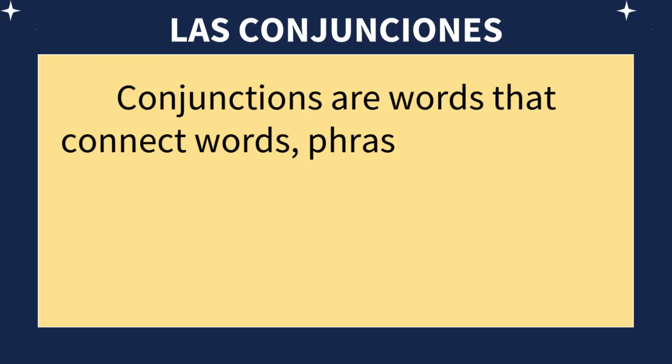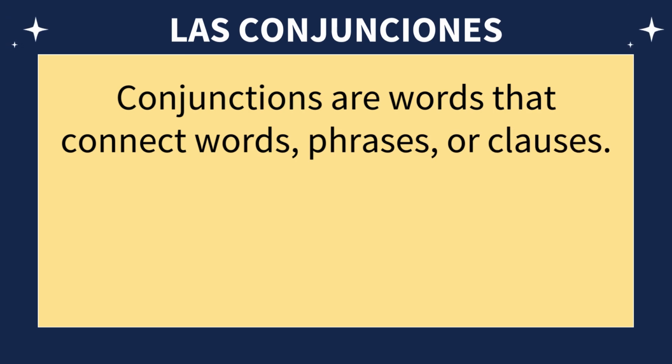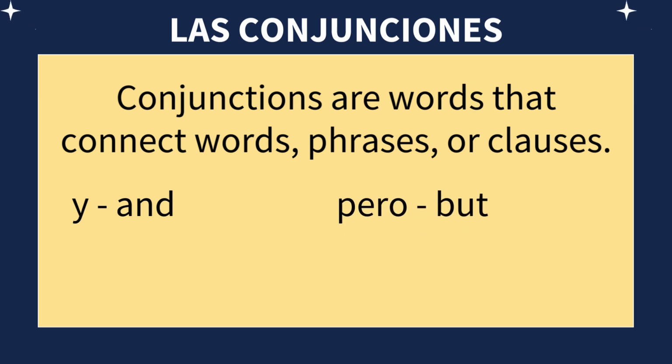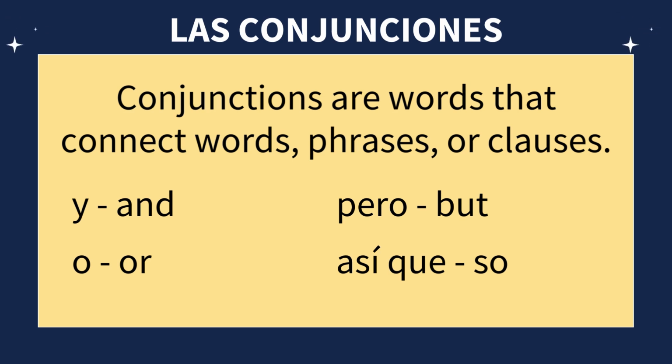These are words that connect words, phrases, or clauses. For example, y, and, pero, but, o, or, así que, so. The conjunctions themselves are fairly similar in function, but may differ in frequency and specific usage. And Spanish has conjunctions that indicate subjunctive mood, which changes the verb form that follows.